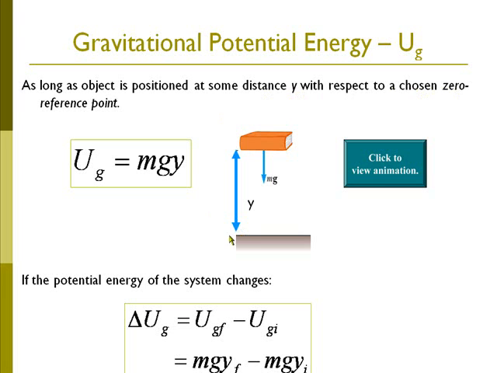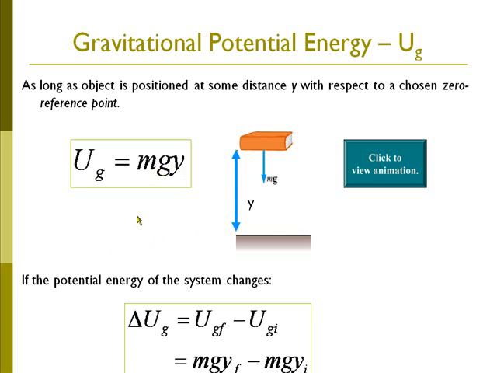In this example, the floor is taken as the reference point, and a book located at a position y above the floor stores potential energy, gravitational, in the form of m, the mass of the book, g, the gravitational acceleration, times y, its height above the floor.